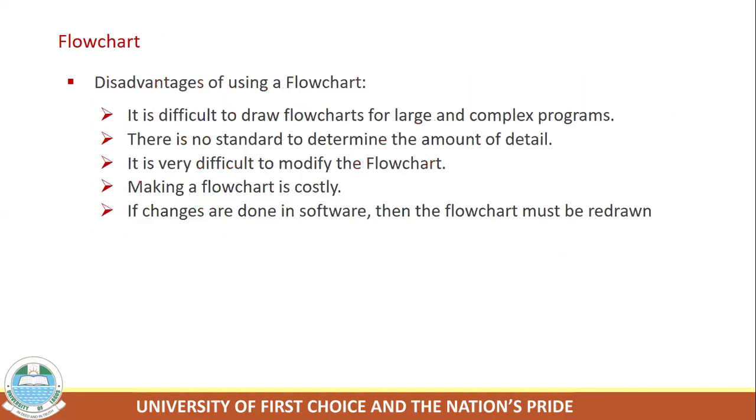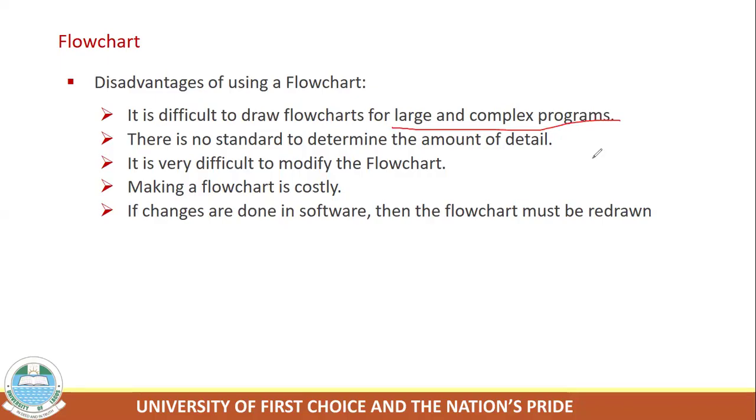That's the advantage. Let's look at the disadvantages of using flowcharts. It is difficult to draw flowcharts for large and complex programs. When you're writing programs that are just a few lines of code, 10, 20, the steps are just 50.